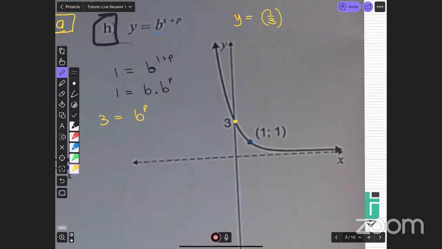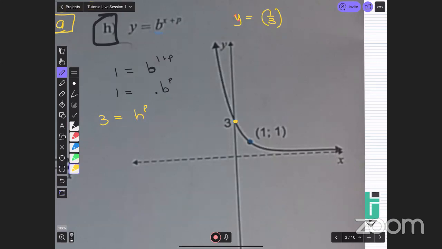Because what happens to a fraction when you multiply it by a larger number? It gets smaller and smaller and smaller, right? So that's why as you go from left to right, the function goes closer and closer to 0.